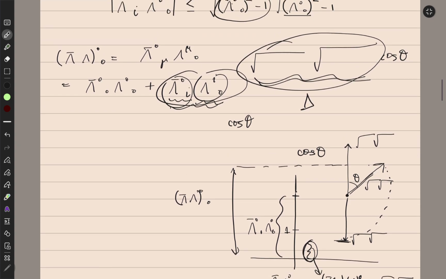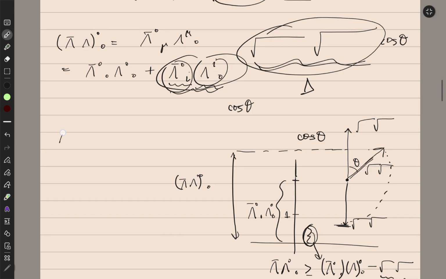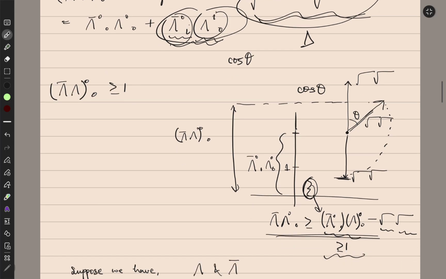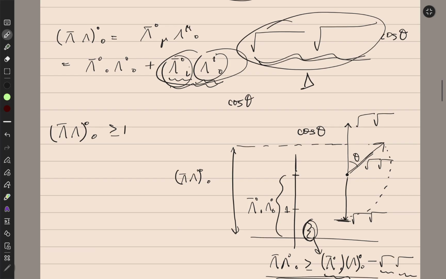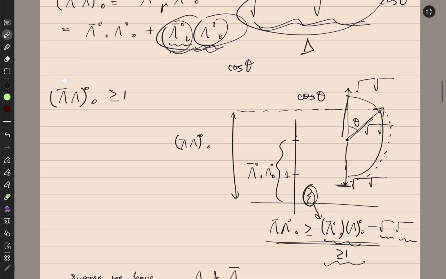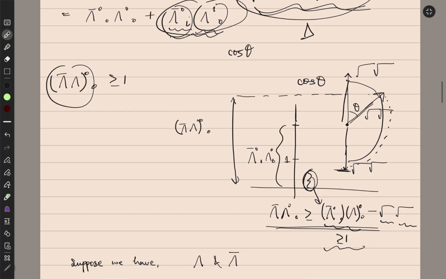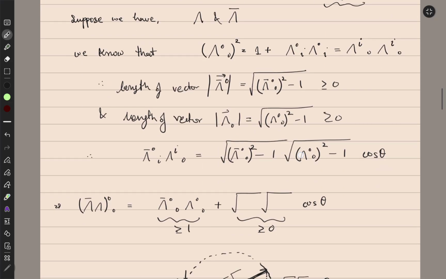And then from this bound we can easily show that lambda bar lambda 0 0 would be greater than or equal to 1. If you just think about how this can reach a maximum and a minimum, then you can put a bound that lambda bar 0 0 would be greater than a certain difference between these two.